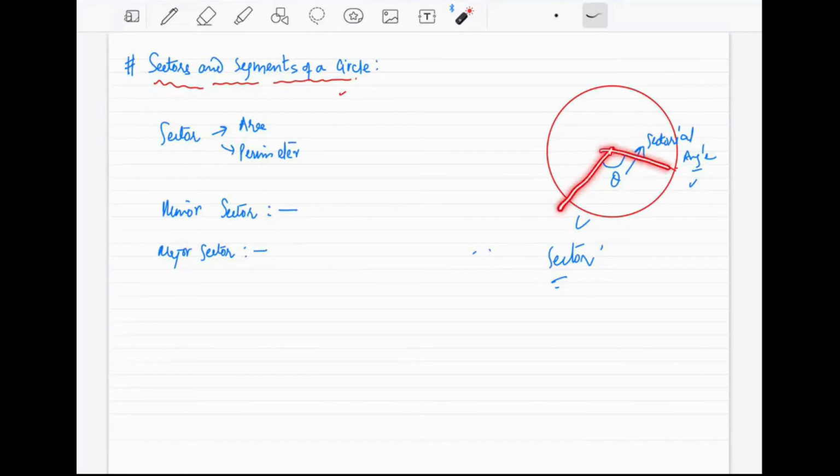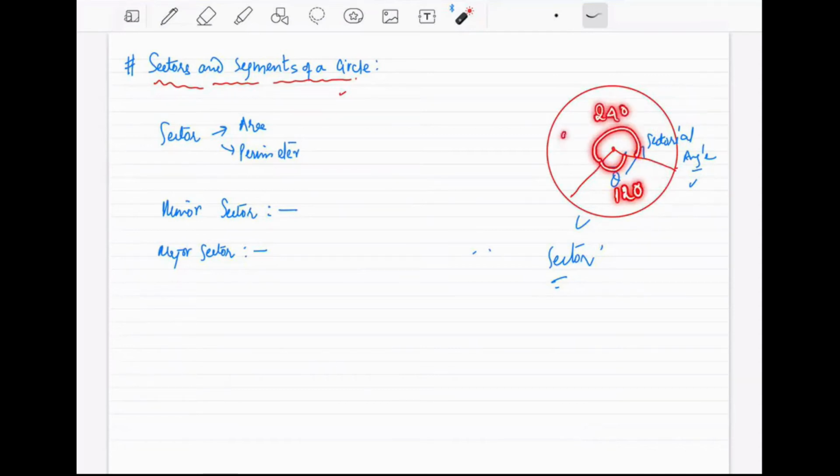This angle theta, we don't know the value, but we can see that this is less than 180 degree. So let's say this angle is 120 degree. The remaining portion will be how much? 360 degree minus 120 degree, right? So it will be 240 degree. In total, they will make up 360. So if one of the angles is 120, the remaining angle is 240.